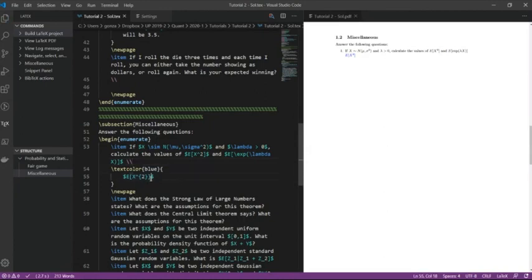Okay, so x squared, if you remember the variance formula.